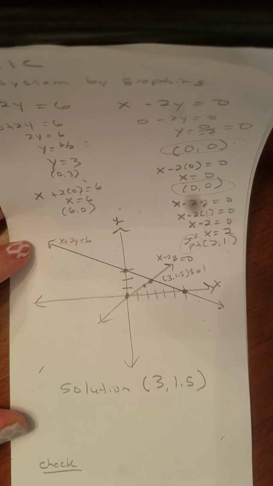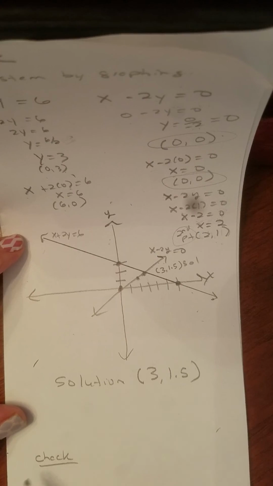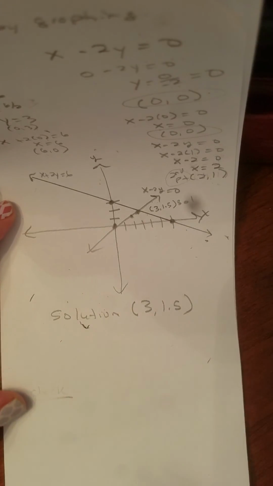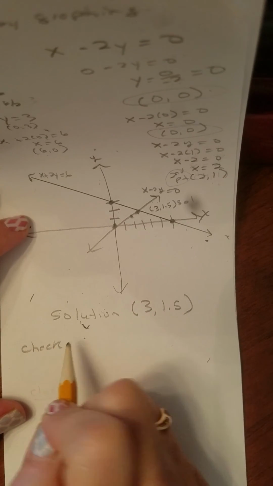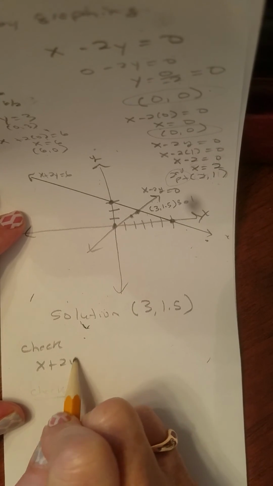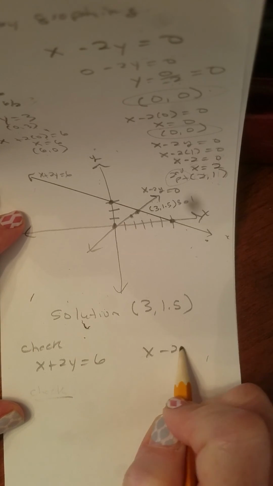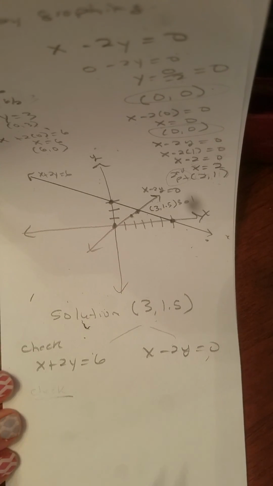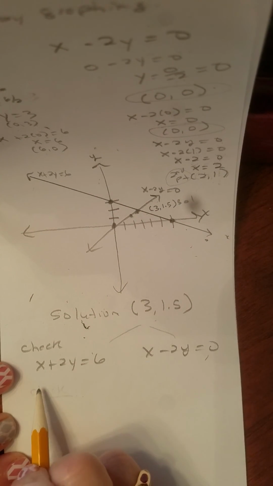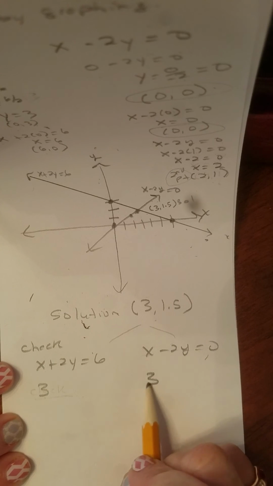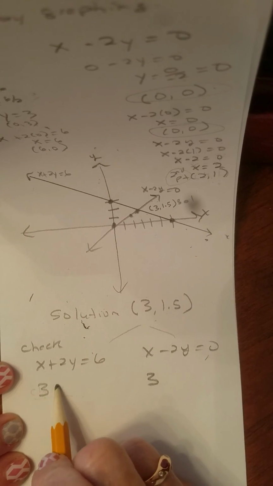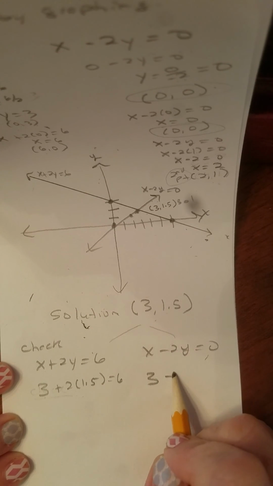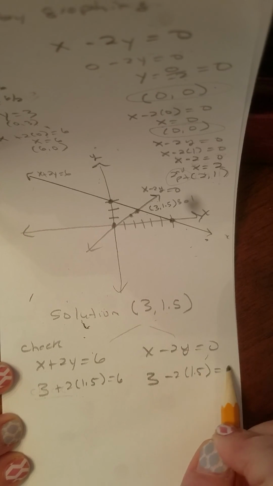Now you can do the check step. Let's go ahead and do the check step for this one, just so you can see how to do it. If I wanted to check, I'm going to take the original two equations, and I'm going to plug in my solution for both of them and see if I get a true statement. So here x is 3 and y is 1.5, and here y is 1.5.